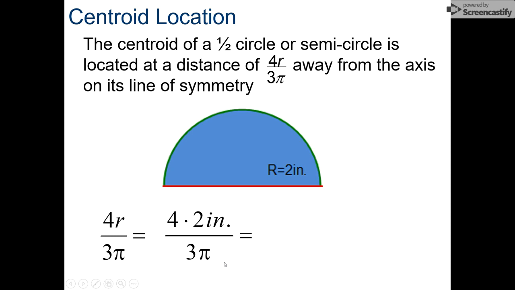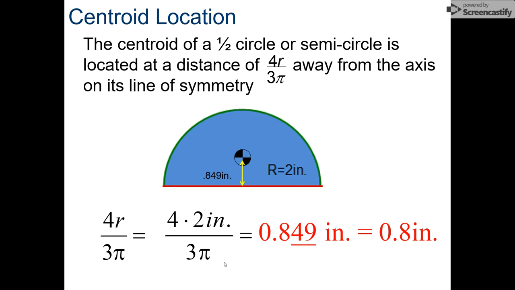Make sure when you're entering this in your calculator, I would always recommend using parentheses just to be safe. So put the 4 times 2 in parentheses, divided by 3 times pi in parentheses, and you get roughly 0.8 inches. So again, my x bar, they don't really point this out, but my x bar is just my radius, and my y bar is the equation 4r over 3 pi. And so my centroid ends up in this location right here.